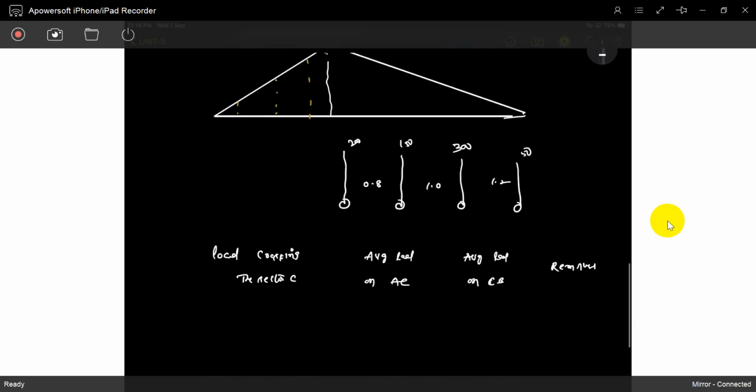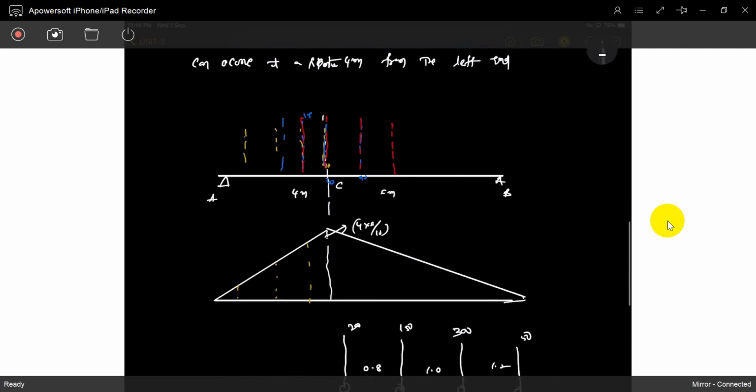Just check the load crossing the section C. So just feel that 50 is crossing. 50 is somewhere here. 300 here, 150 here, 200 here. Just 50 on the span of CB. The remaining loads are on the span CA. So what is the average load on CA and the average load on CB?